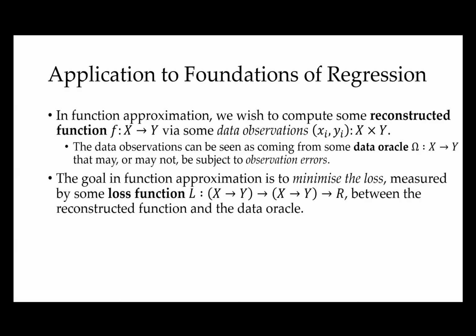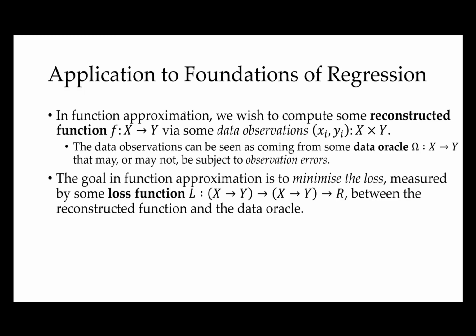So this loss could be some sort of least squared function where you say, okay, I'm going to look at these particular points and I want to minimize the least squared error. And you can define this as some sort of interpolated data oracle between the data observations and do exactly that. The reason I'm introducing this is because I just want to give this sort of functional approach of what supervised machine learning sort of asks in general, for general types.